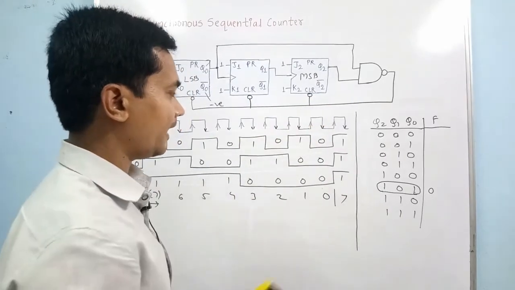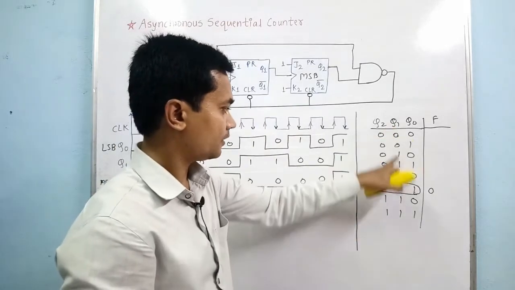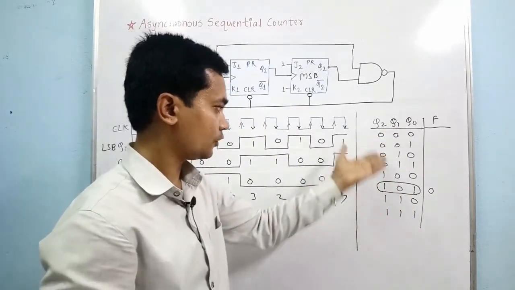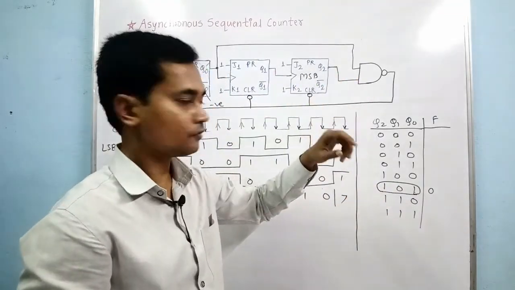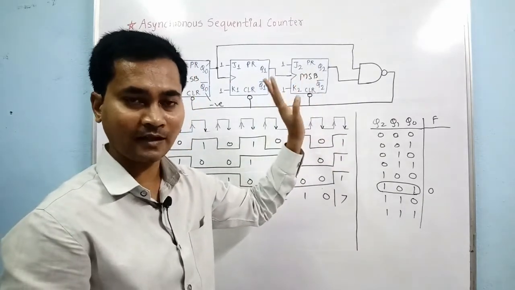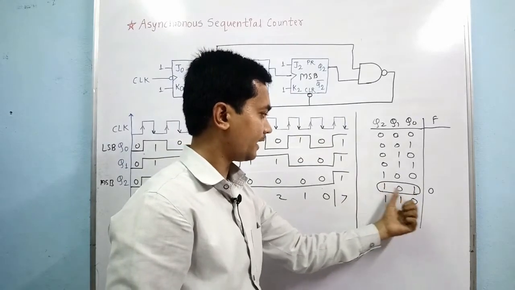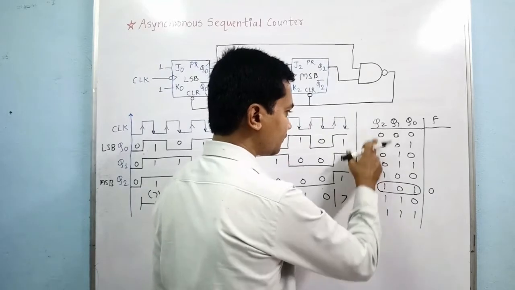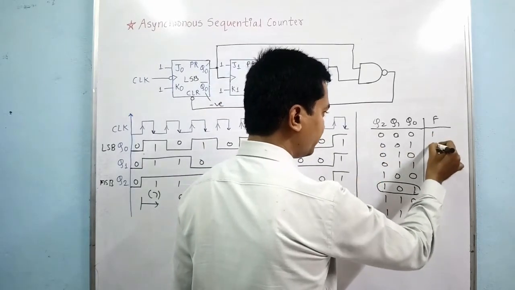As 101 arrives, Q1 is not a problem, because we are not checking Q1. Q1 is not connected to this combinational circuit, so even if Q1 is 1 or 0, it doesn't matter. We are checking only this one and this one. If any input is 0, the output will become 1.